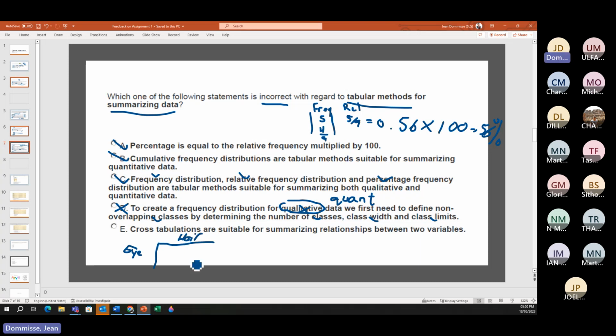Then you would have a summary of how many sit in each of those. So that's a cross tabulation, and that is definitely suitable when you look at two variables. I can't remember if that was even mentioned somewhere in the study guide, but it will probably have been in the textbook again. But it is also good that we've now done something like that. So that will also be correct.